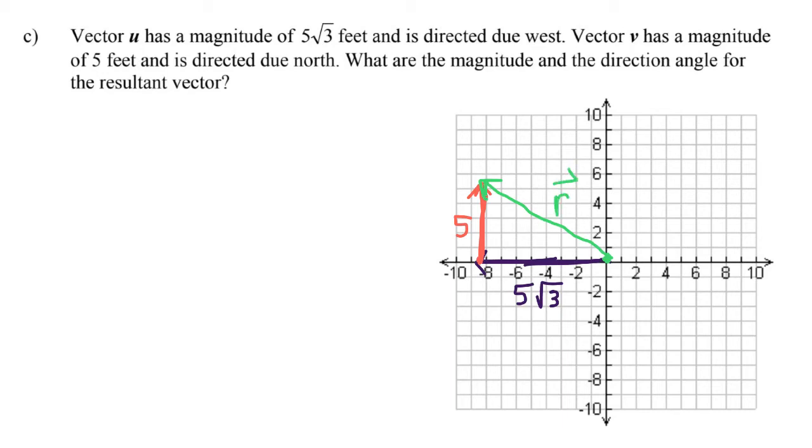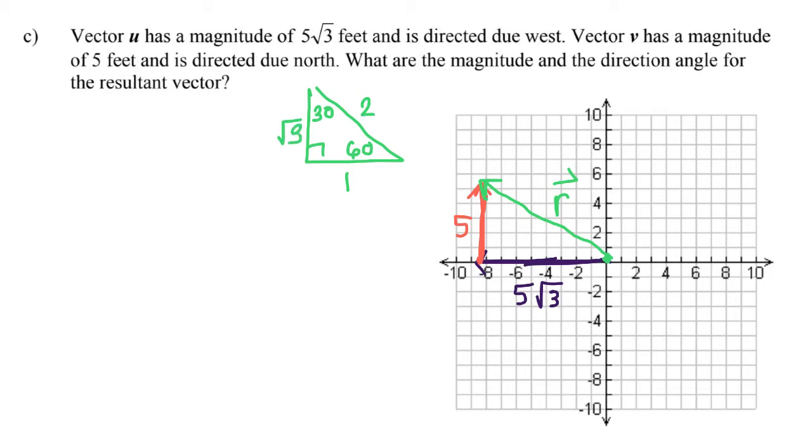Now, in order to find that, these values look awfully familiar. We have a 5 and a 5 square root of 3. So let's see if we can remember some of those tricks. That special right triangle: we had 30 up here and 60. Hopefully we remember these. And we had 1, 2, square root of 3.